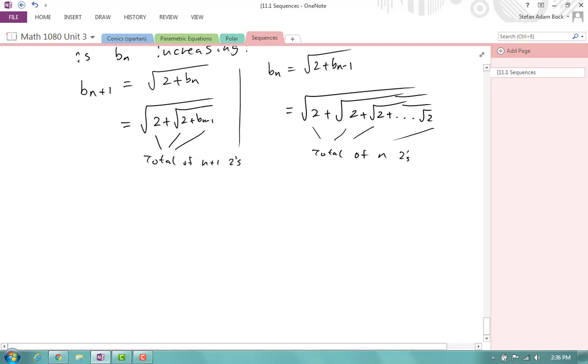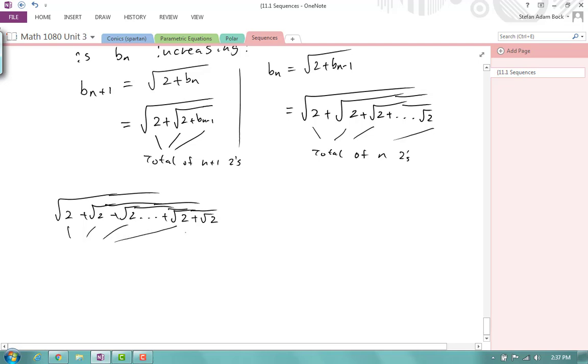So if I write these out, comparing what's inside of them, I have root 2 plus root 2 plus root 2 plus root 2 plus root 2, 1, 2, 3 up to n 2's, and this is the last 2.